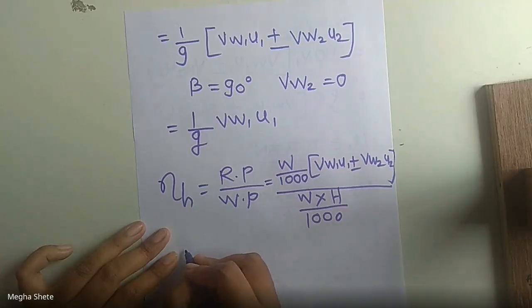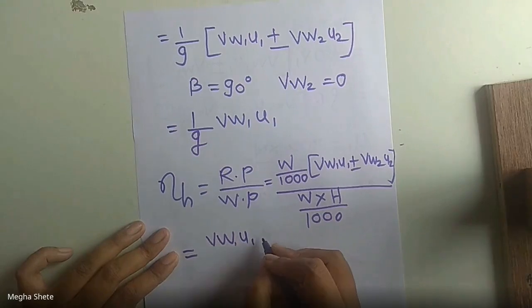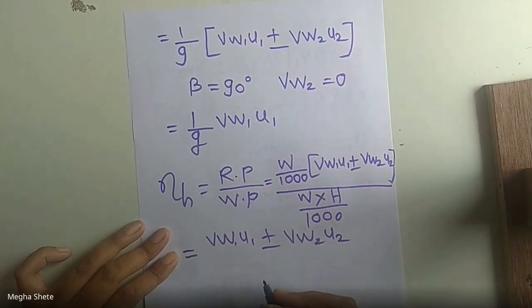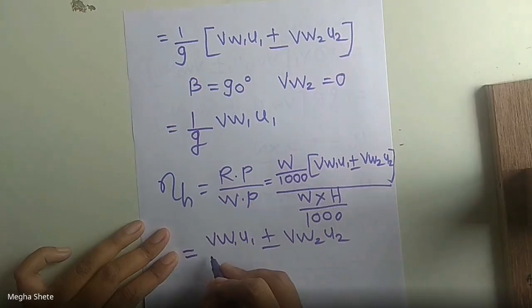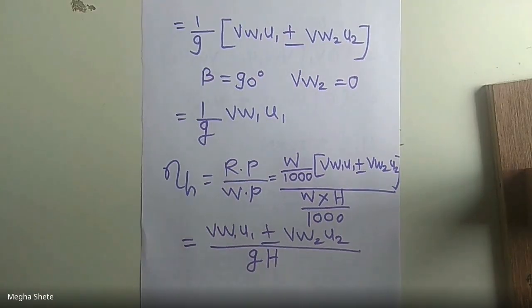So striking out the similar terms, we get (VW1 U1 plus minus VW2 U2) divided by G into H, where RP is runner power and WP is water power.